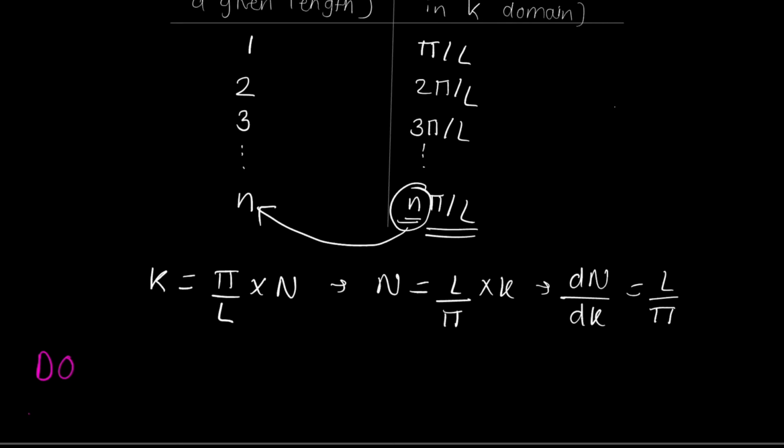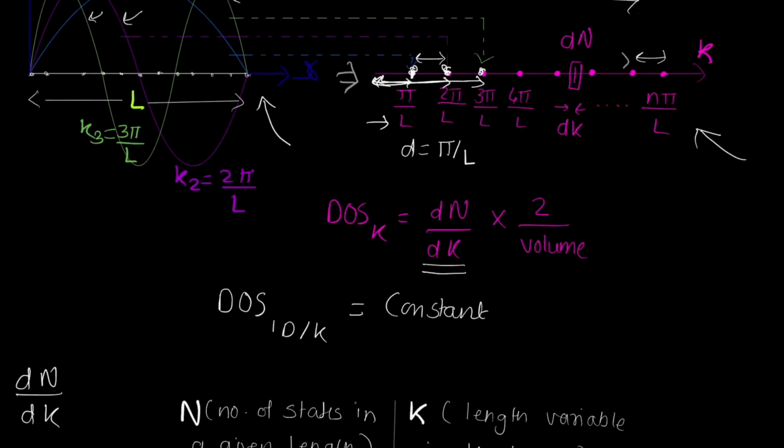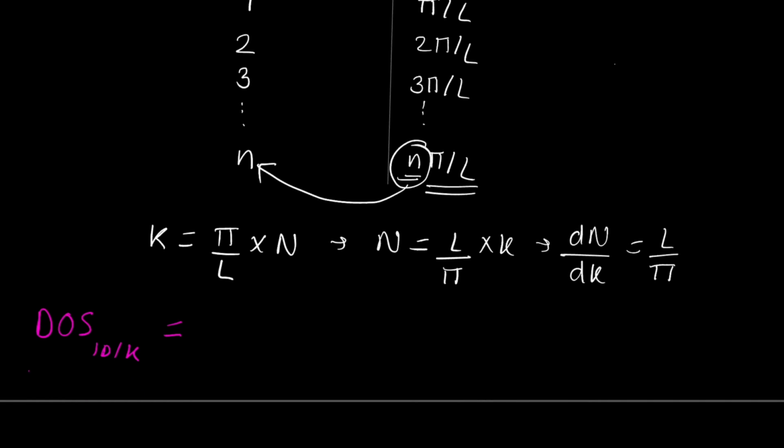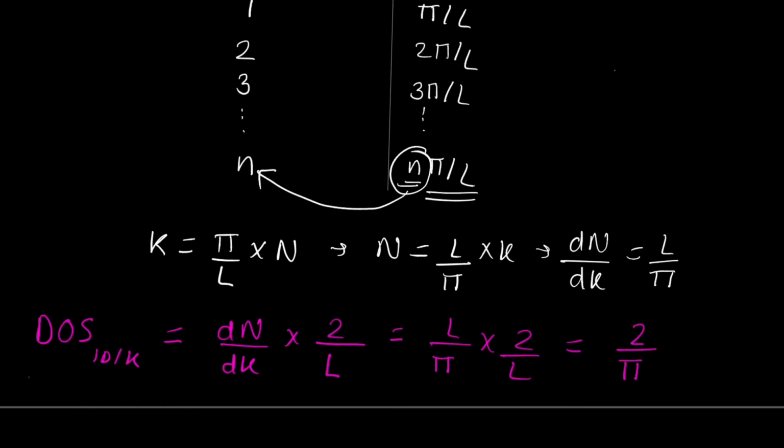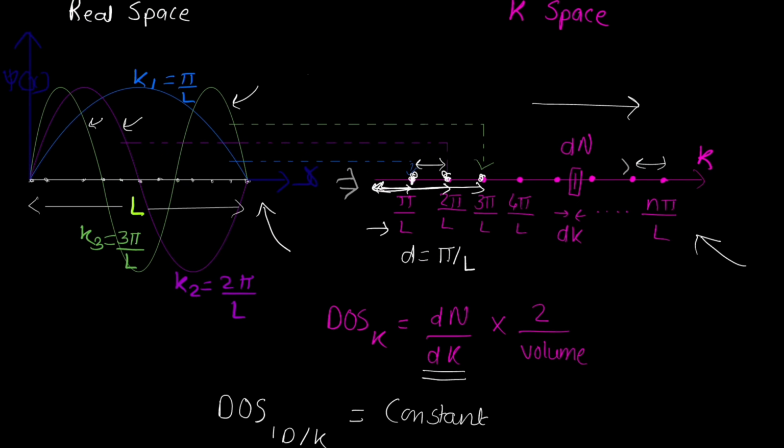So the density of states for this particular case in the k domain will become dn by dk into 2 by volume. But as this is a one-dimensional lattice, we only consider the length part of it. So it will become 2 by pi, which is a constant. And this is what we expected by looking at this particular graph.